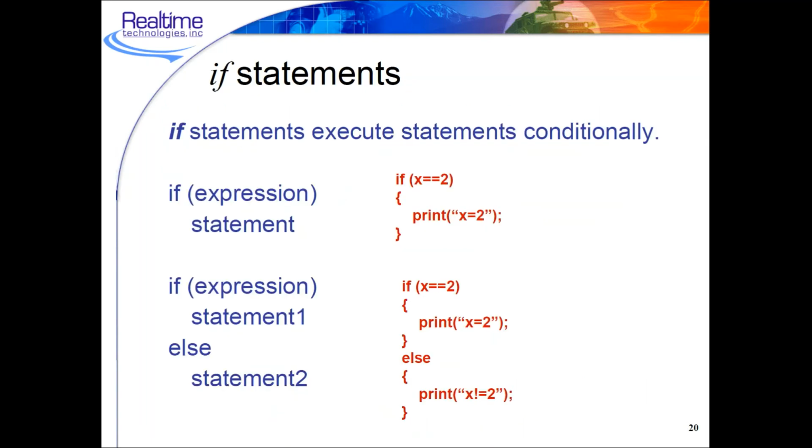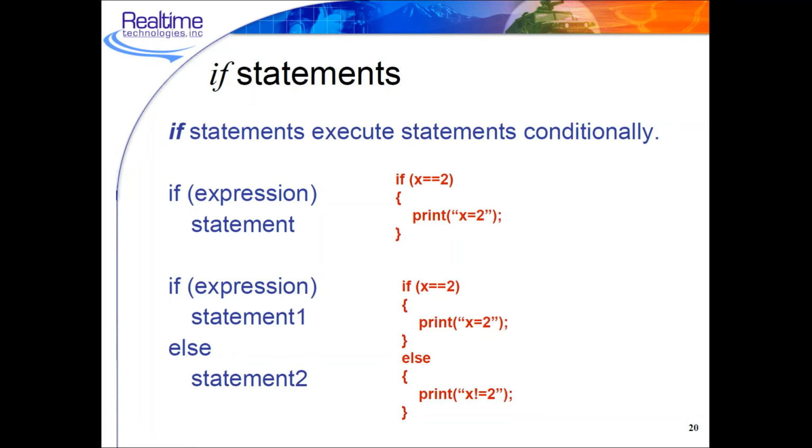An if statement is what I was mentioning just a second ago, and that executes a statement conditionally. If a specific expression has been met, then it will return that statement. We use if else and if statements quite a bit in coding, so that certain conditions can be triggered during your simulation.